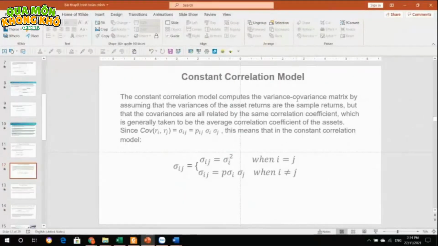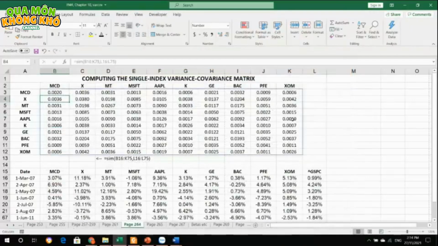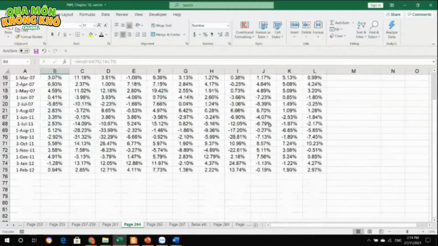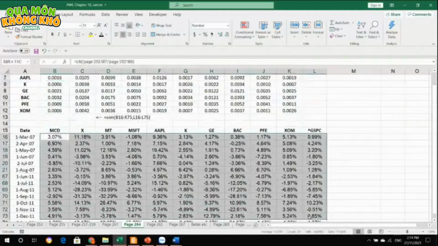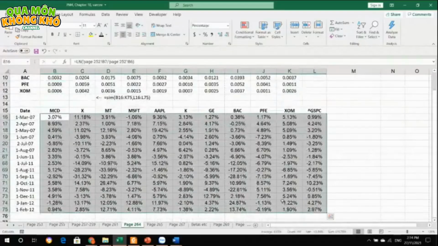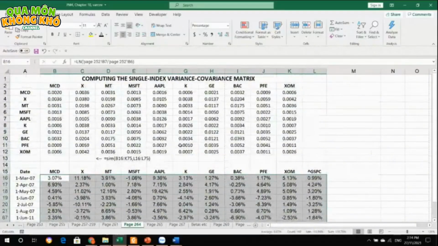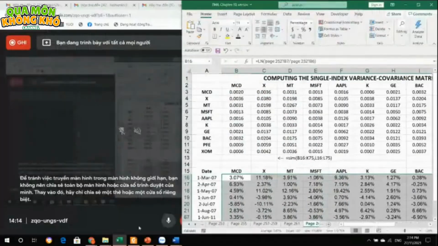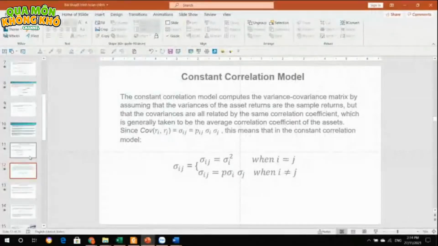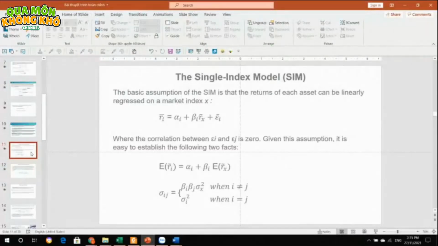The second method. I want you to do it step by step, not using the already user-defined function sim. You can do the single index model to build the covariance matrix for us.